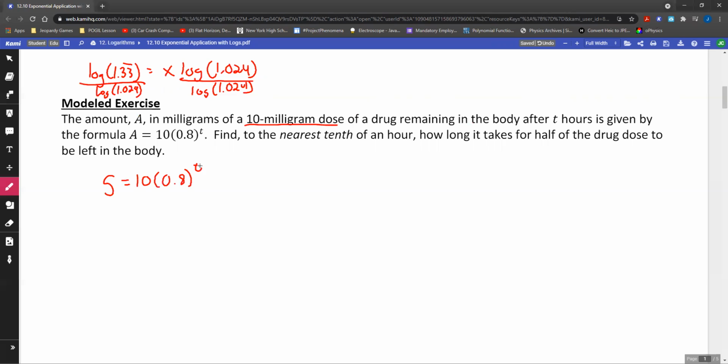Again, I'm going to isolate the variable term by dividing both sides by 10. So this becomes 0.5 equals 0.8 to the t. Take the log of both sides. So log of 0.5 equals t log of 0.8. Divide both sides by log 0.8.